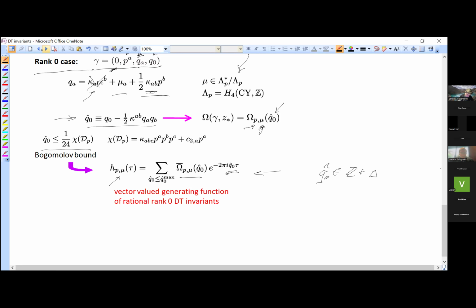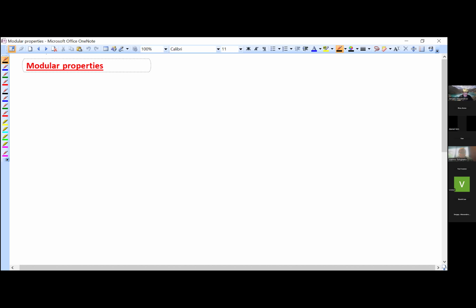You can take maybe 5 more minutes. Okay, so where do they come from? Here, sorry, I have to go a bit into physics because otherwise I don't have a pure mathematical explanation. But it will not be so difficult. Let's start from type 2B on a Calabi-Yau. Before I was talking about type 2A, now I want to talk about type 2B on a Calabi-Yau.